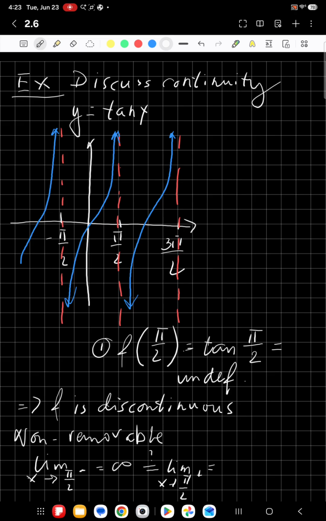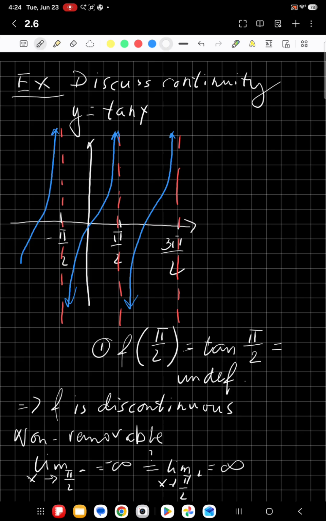So let's see what that equals. So when I'm going with my x towards pi over 2 from the right, you see that the values are going down, so that should have been negative infinity. So this one is positive infinity.